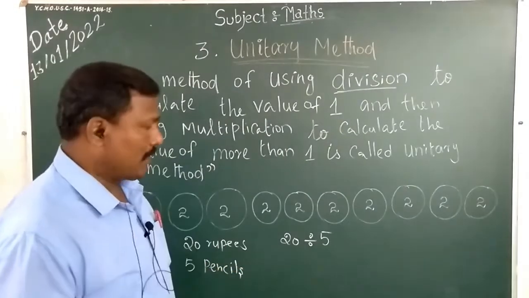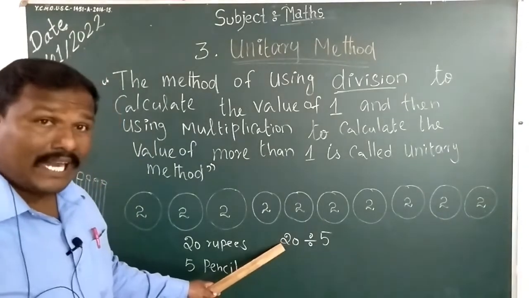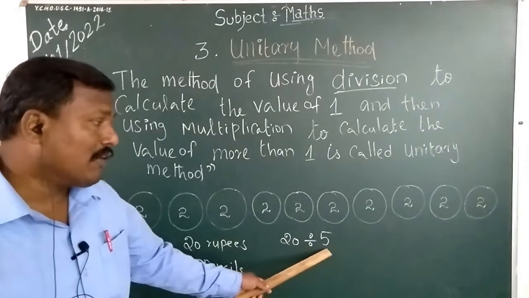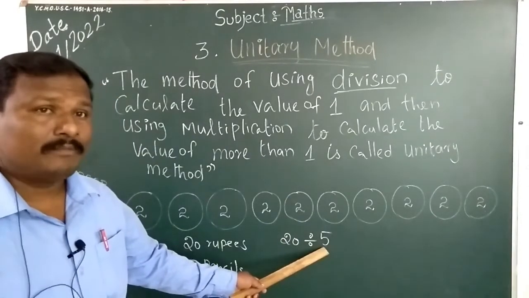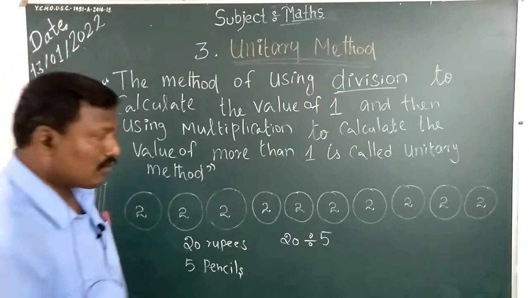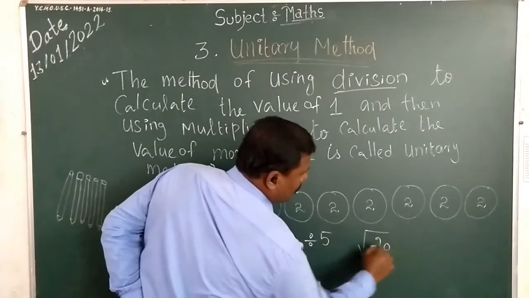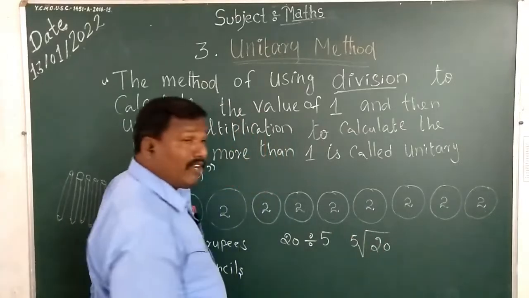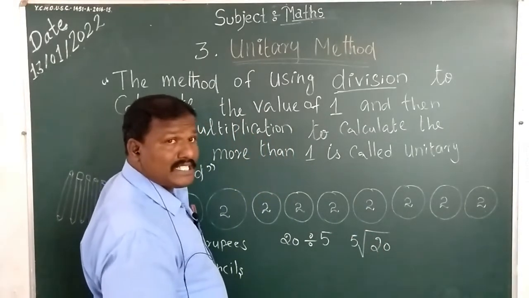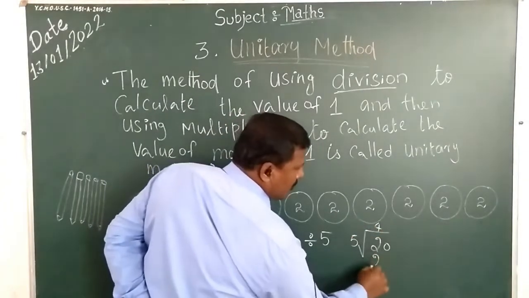I gave the shopkeeper 20 rupees. He gave me 5 pencils. Now I want to find out the 1 pencil cost. So we have to do division. So 20 divided by 5. In the 5 table, where is 20 coming? 5 fours are 20.